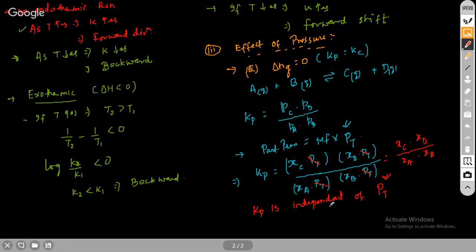And that's why we say the reaction in which del Ng is equal to 0, for that particular reaction pressure has no effect. So you can write down, for this kind of reaction pressure will not change the equilibrium condition. Is it clear?